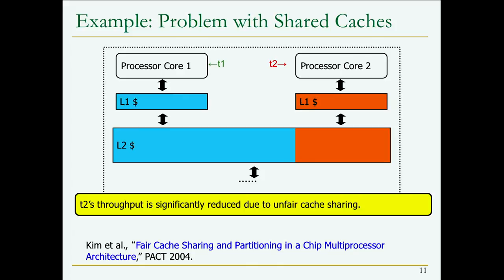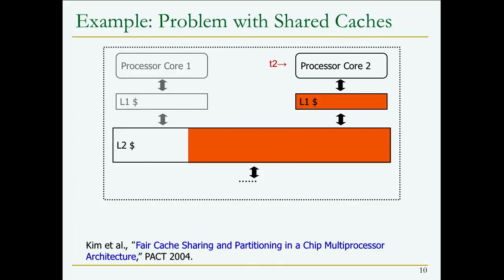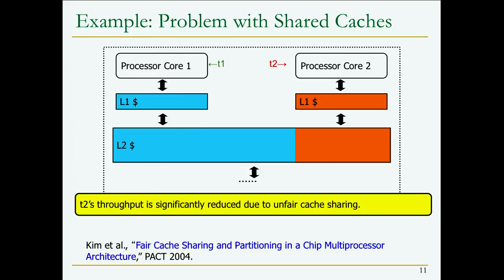Why might this happen? Well, it might happen because this thread actually has a large working set, and it just occupies that large amount of cache, right? This might also happen if this thread is streaming through memory, even though it may not get benefit from the cache. Assume that you're streaming through a billion cache blocks. It may not get a lot of benefit from the cache, but the cache is allocating a billion cache blocks over time. And this thread has a smaller working set size in the L2 cache.